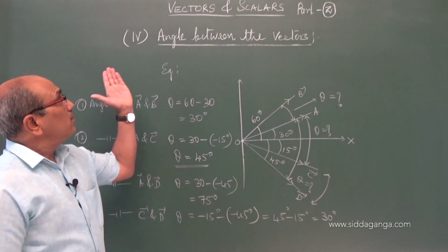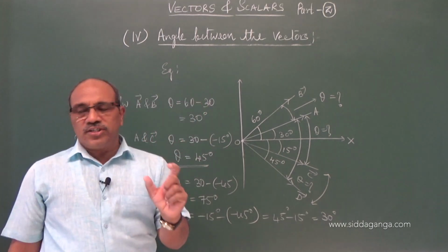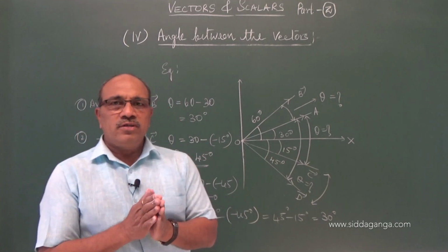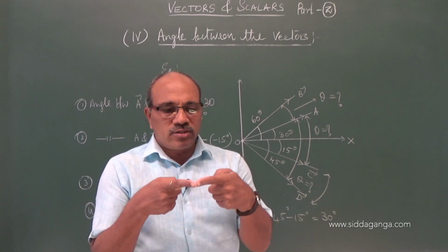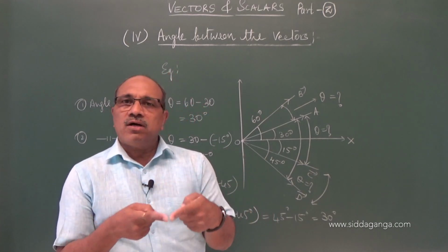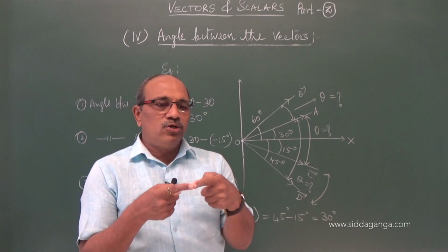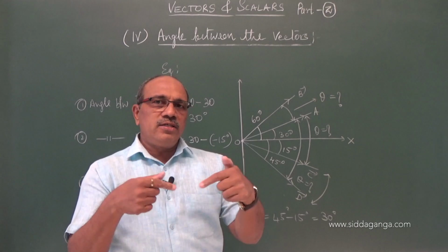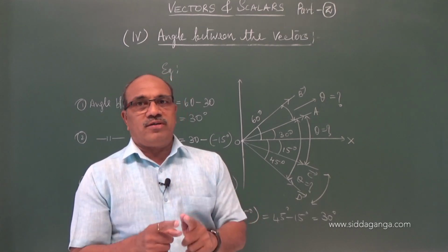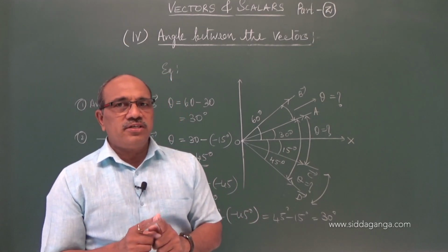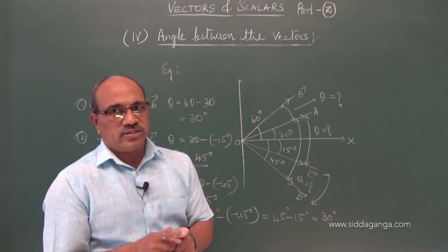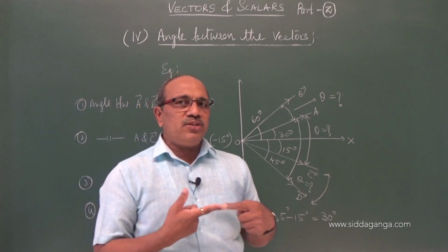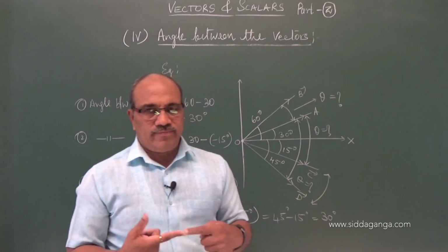That is how the angle between the vectors, the conditions I told you. To measure the angle between the vectors, you have to first join the two vectors such that tail to tail or tip to tip is joined, and consider two angles, interior and exterior angle. Whether it is interior or exterior, whichever is smaller out of the two is considered as the angle between the two vectors. Under that condition, I also showed that the maximum angle between two vectors can come to around 180 degree.